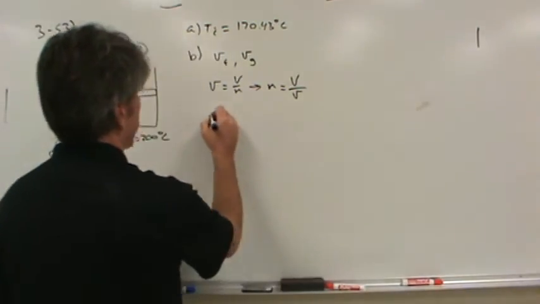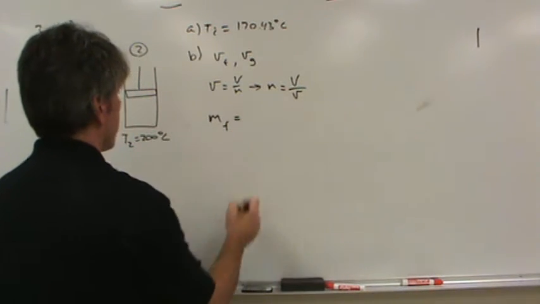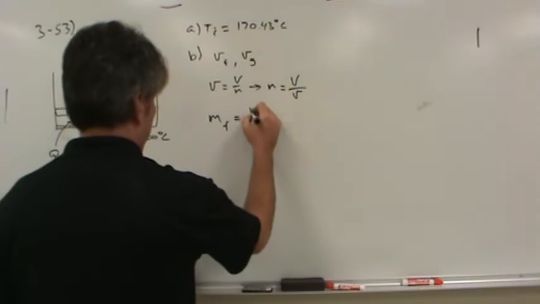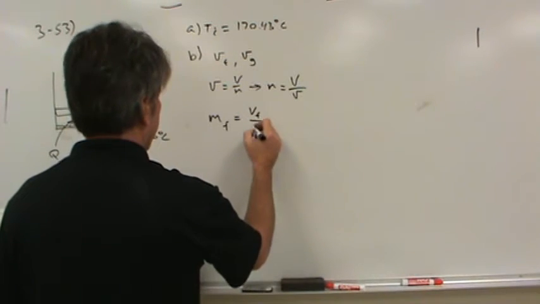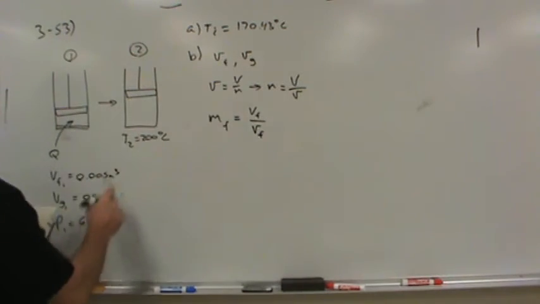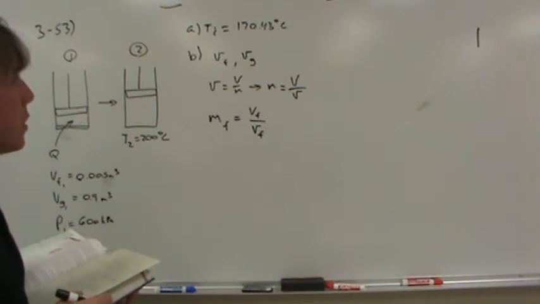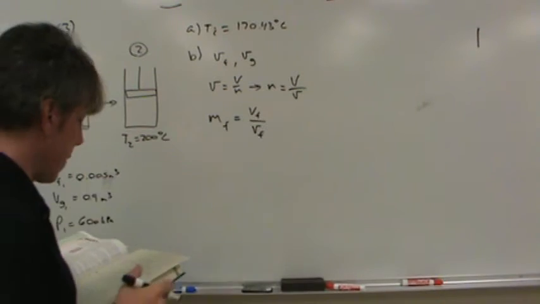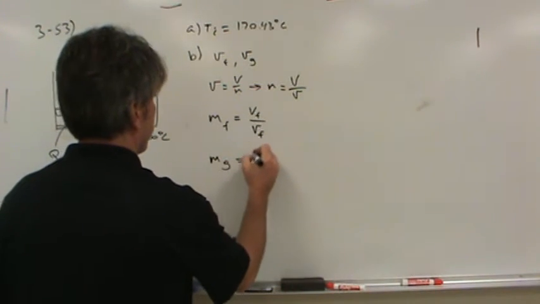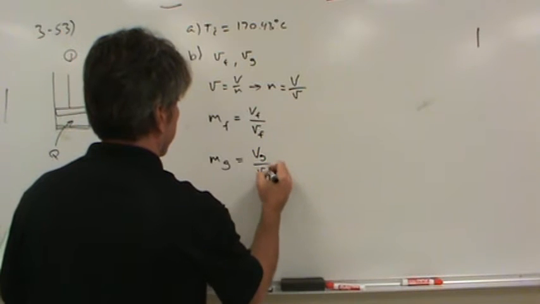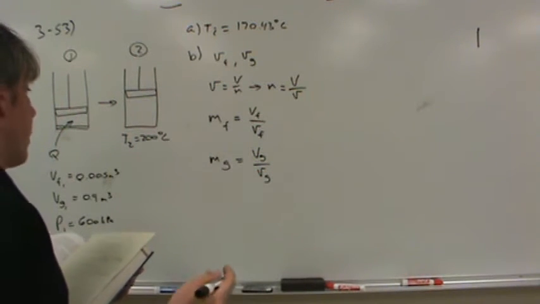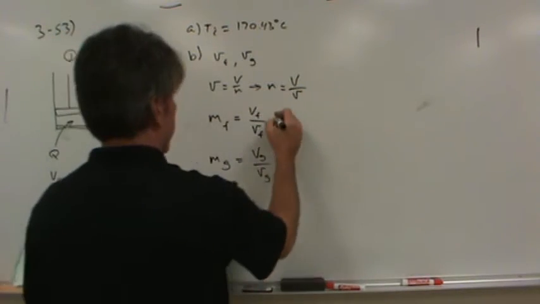So for example, the mass in the liquid phase, just this liquid down here, is the volume of the liquid phase divided by the specific volume of saturated liquid at these conditions, 600 kilopascals and 170.43 degrees Celsius. The mass of the gas would be the volume of the gas divided by the specific volume of saturated vapor.